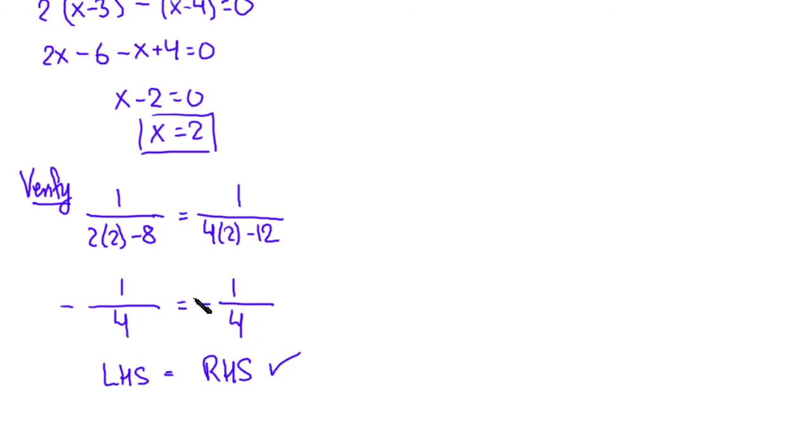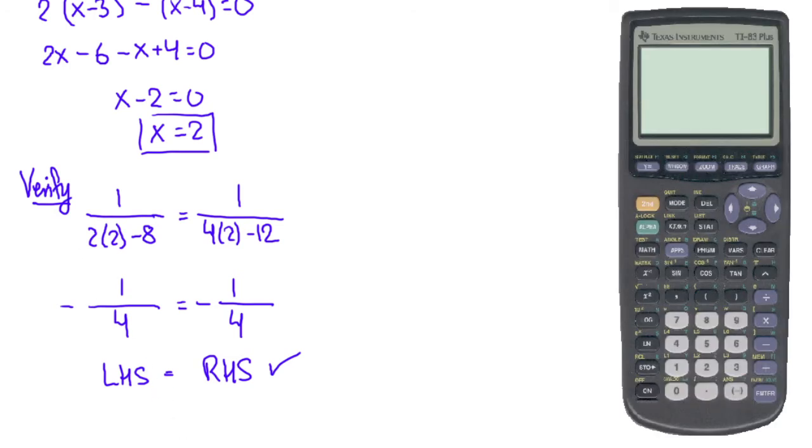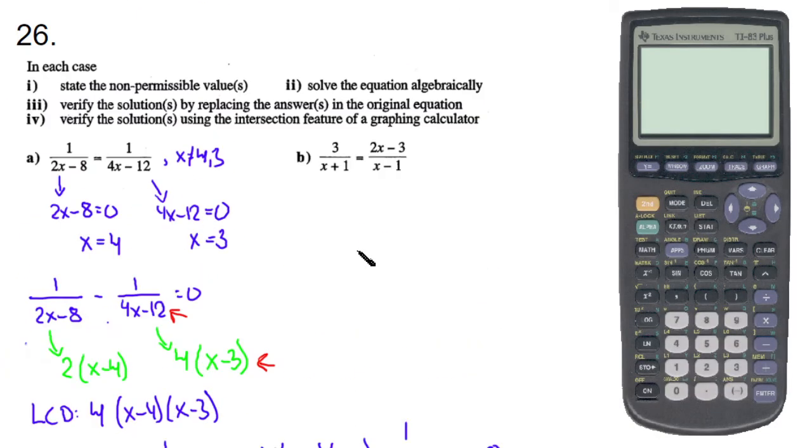And then finally, they also want us to verify by using the intersection feature of a graphing calculator. So we're going to move over to the graphing calculator right there, and we're going to be graphing that original expression. We're going to put the left and the right hand side in separate expressions.